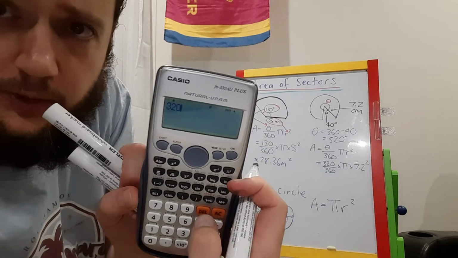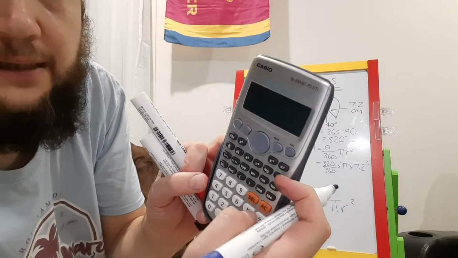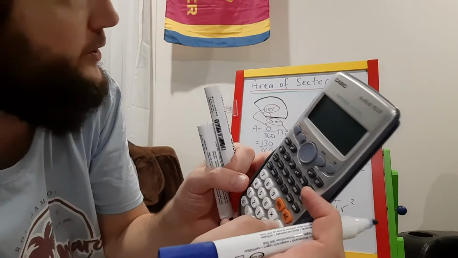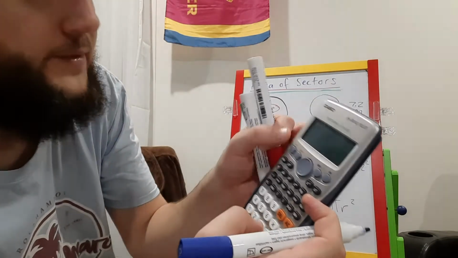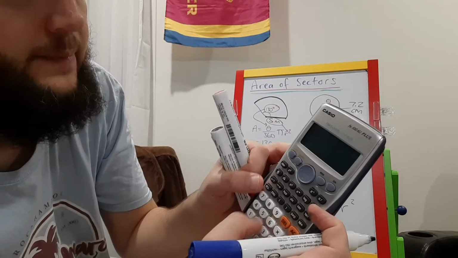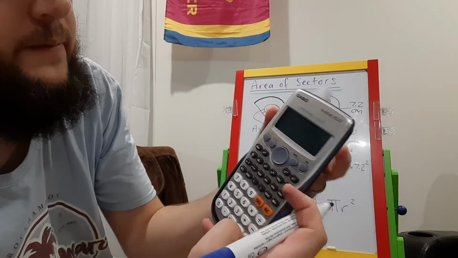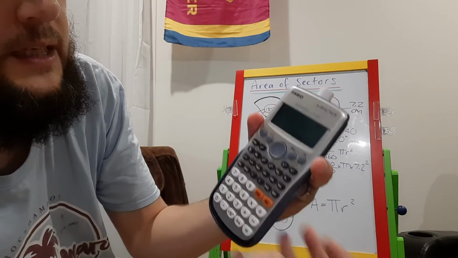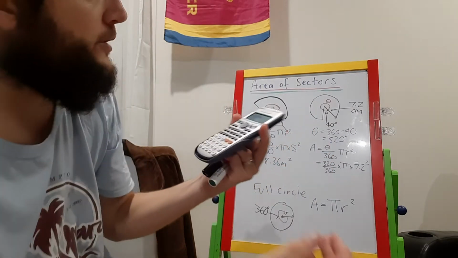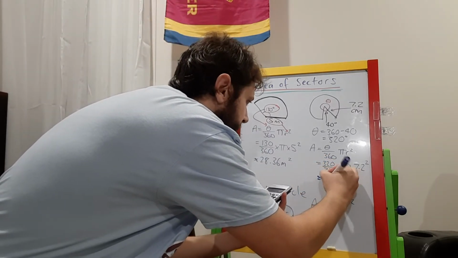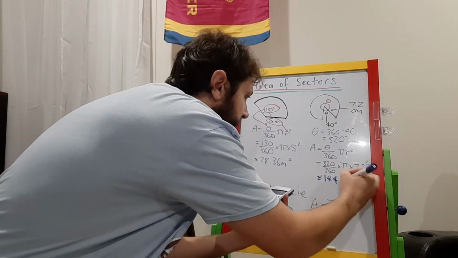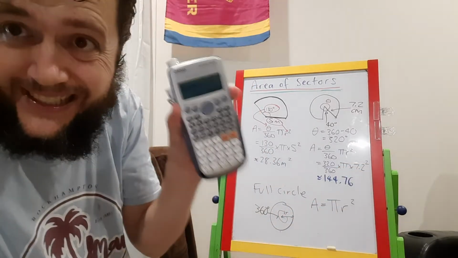So here's what you do without the fraction button. As I was hinting at before, I could just write 320 divided by 360 times pi times 7.2 squared. And there we go. I'm going to draw the approximately here because we are rounding at some level. As always, I'm rounding to the second decimal place.